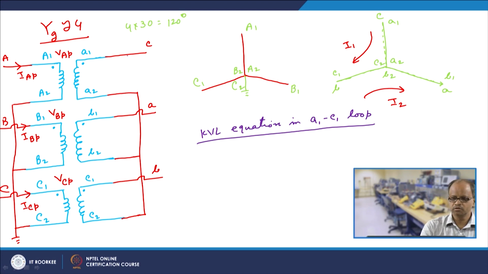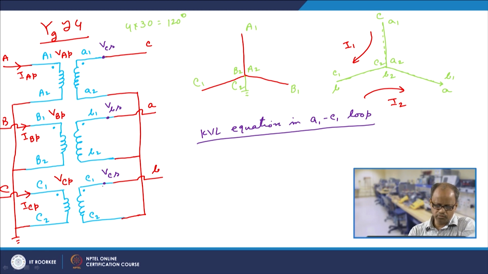So now therefore this potential should be VCS, this potential should be denoted as VBS, and this potential should be denoted as VCS.